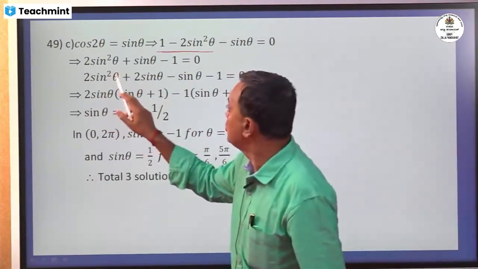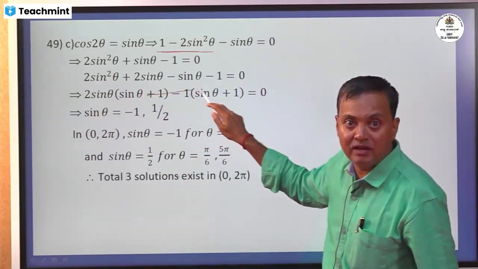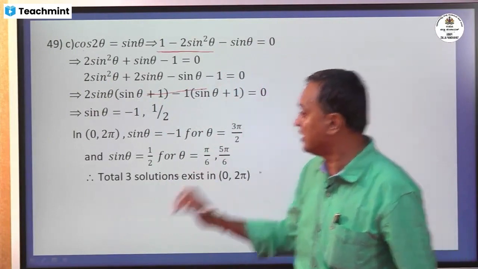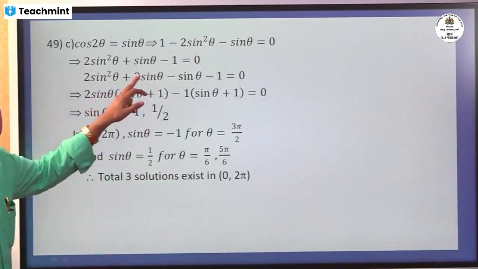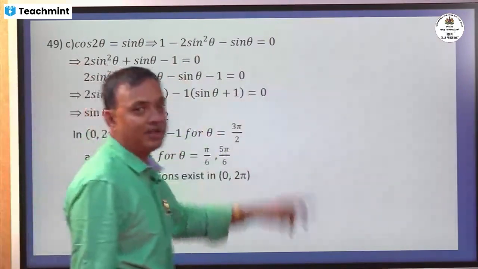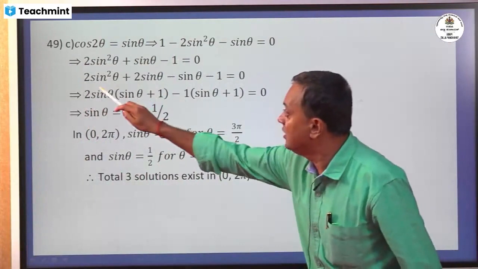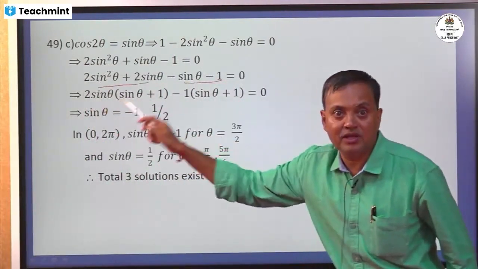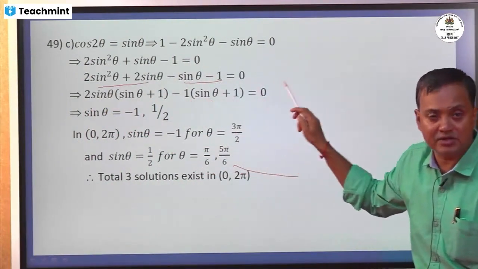So sin theta can be written as 2 sin theta minus sin theta. So 2 sin square theta plus 2 sin theta minus sin theta minus 1. This is one group, this is another group. Here 2 sin theta is common, remaining sin theta plus 1. Here minus 1 is common, sin theta plus 1 equal to 0.